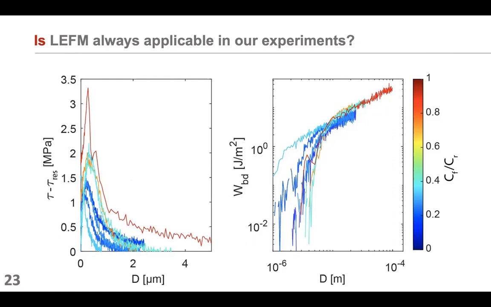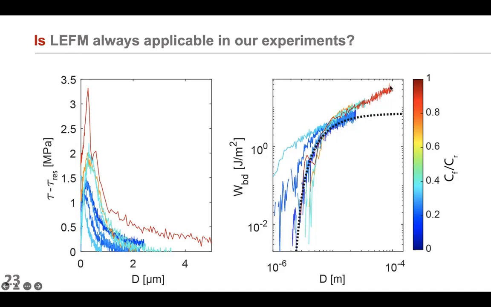So as I have told you before, if we assume pure linear elastic fracture mechanics, we expect such evolution of breakdown work with cumulative slip. And as I told you in the introduction, if LEFM was always applicable, we should reach a constant value for a given final slip, because if you are out of the cohesive zone, you expect that the fracture energy cannot increase anymore with slip, and you reach a maximum value that is expected to control the full dynamics of the rupture tip.